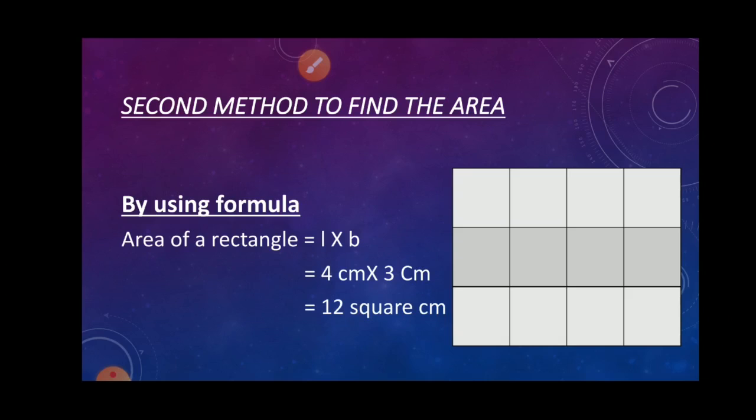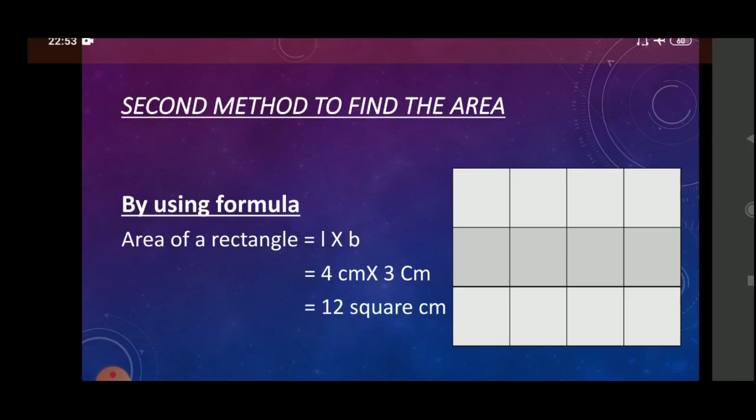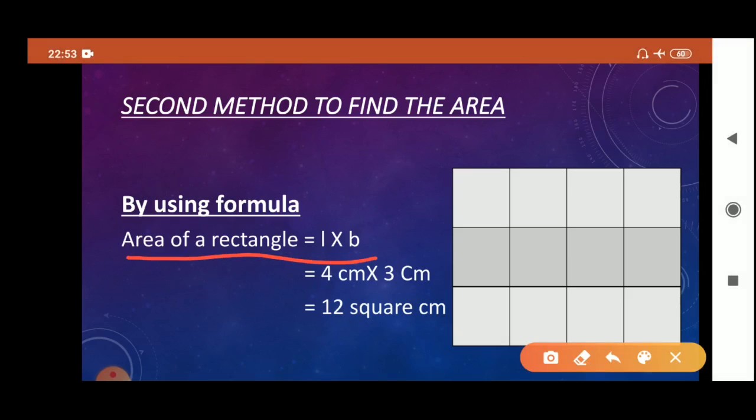Its formula is area of a rectangle is equal to L multiplied by B. L means this horizontal line of a rectangle, and it is given 4 centimeter, and B means breadth, this vertical line of a rectangle is called breadth, and it is given 3 centimeter.